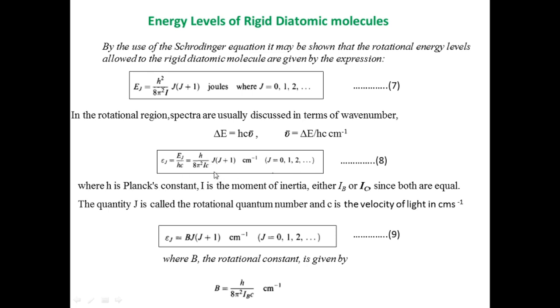And this term h by 8 pi square Ic is a constant, that is called B. Instead of h by 8 pi square Ic, we can rewrite it as B. So the expression will become epsilon j is equal to Bj into j plus 1, and B is called the rotational constant, and the value is h by 8 pi square Ic in unit centimeter inverse.